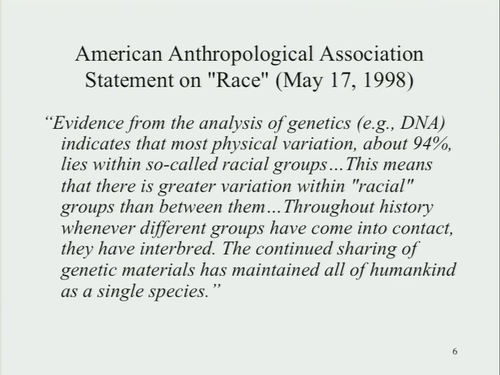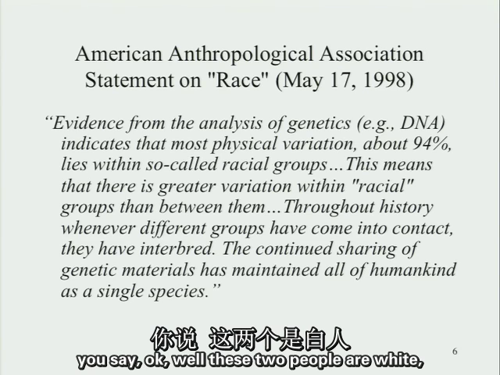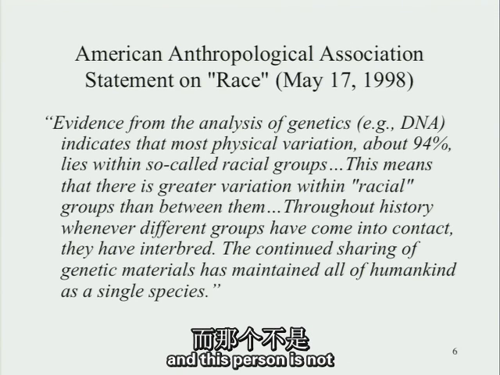Okay. Like, the difference between race isn't necessarily as big as people between the same group. Okay. You take 3 people, and you look at them and you say, okay, well, these 2 people are white and this person is not.